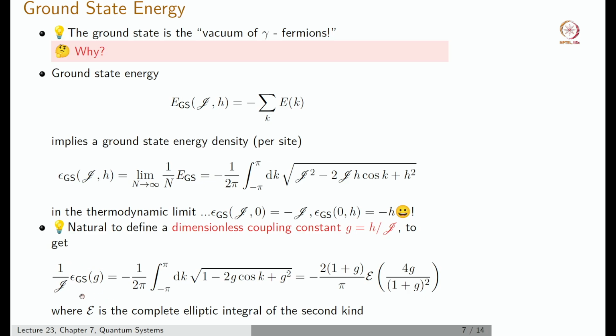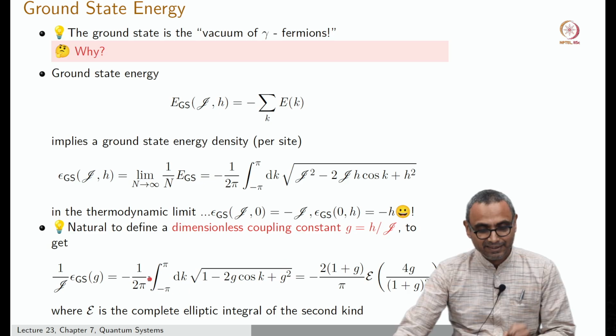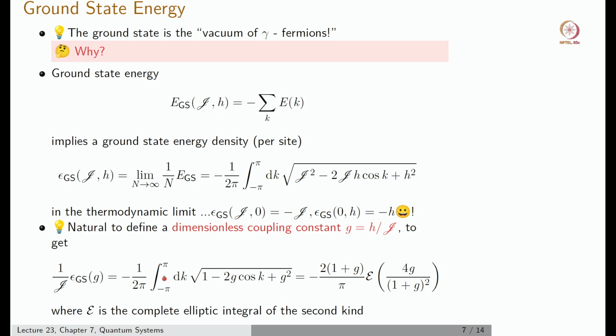And you will see that E ground, this ground state energy density divided by j, is this quantity, which has a well-known analytical result. This integral is a complete elliptic integral of the second kind.